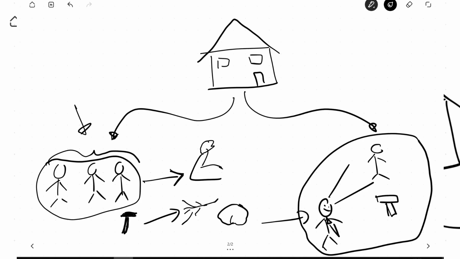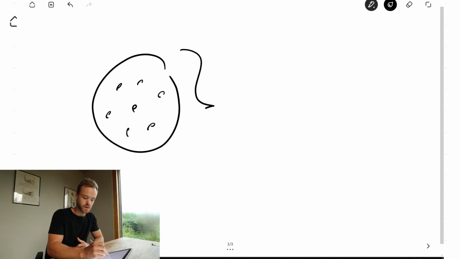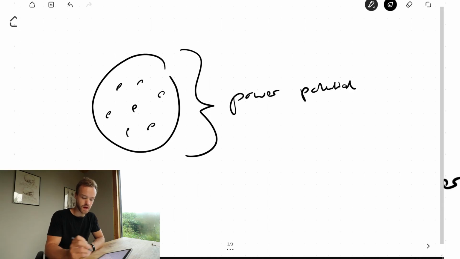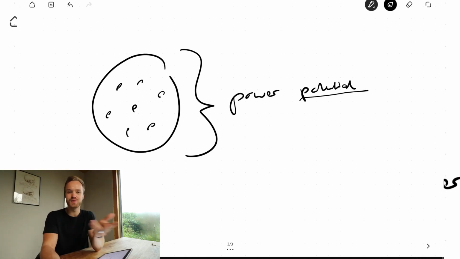So what muscles are is our power potential. Potential is a big one because you're not necessarily using your construction workers in the most efficient way.